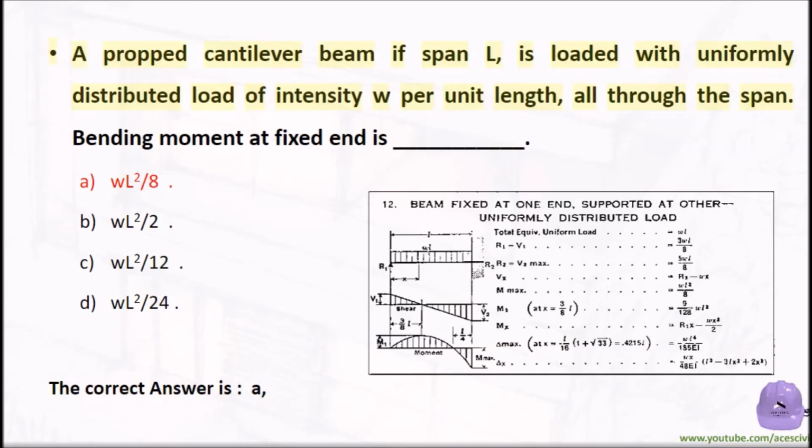A propped cantilever beam of span L is loaded with a uniformly distributed load of intensity W per unit length all through the span.